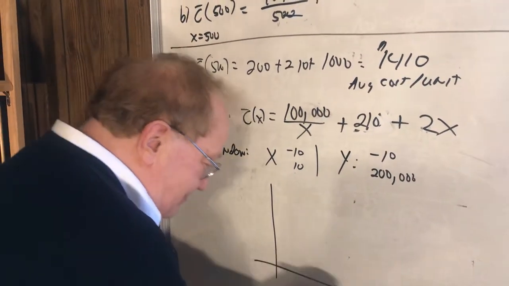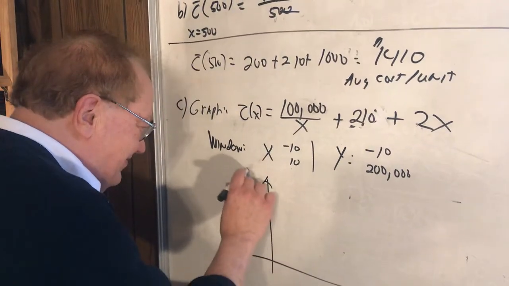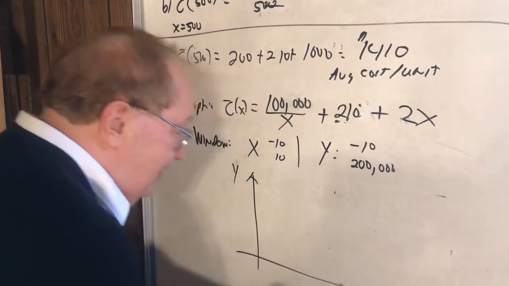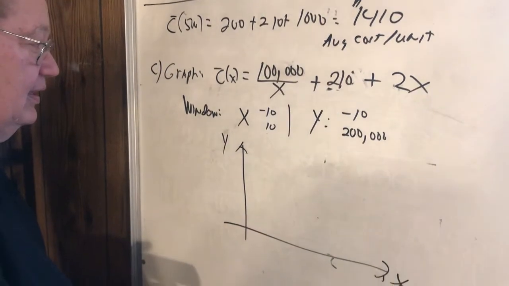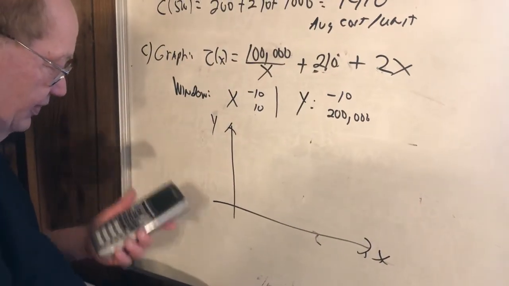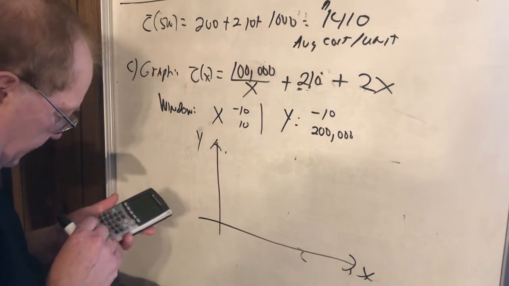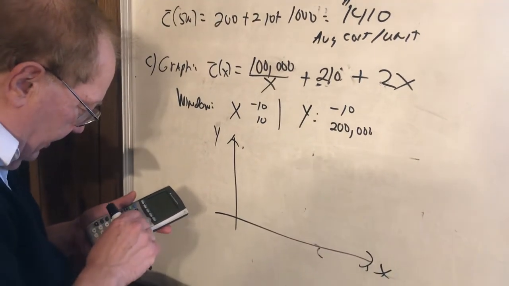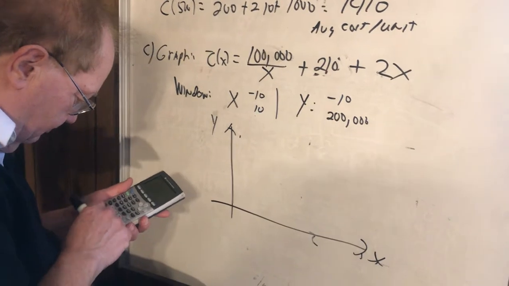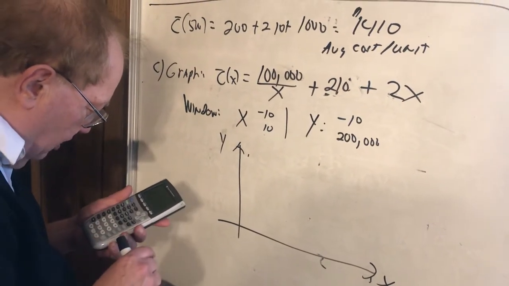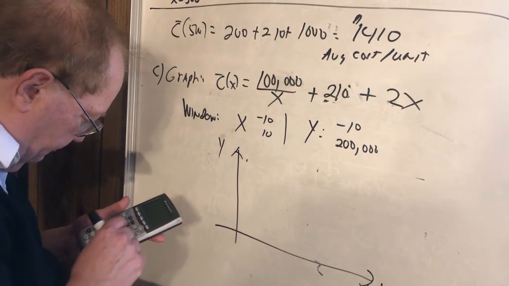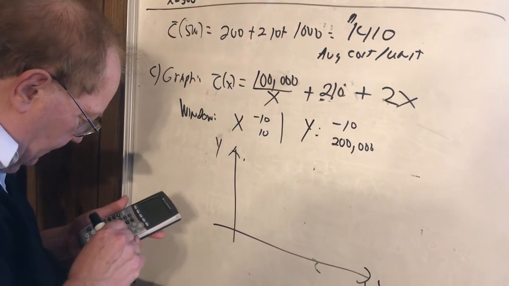So here we go, and the graph looks something like this. Let me change that window there to that X window. I think there's more on the other side. Let's change it.